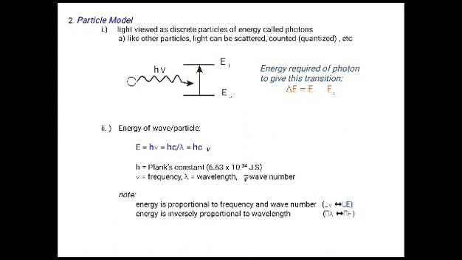The energy of that wave or particle is E equals h nu, where nu is the frequency, or it is also written as E equals hc by lambda. Here c is the velocity of light, and h is Planck's constant. Energy is proportional to the frequency and wave number, and it is inversely proportional to the wavelength.